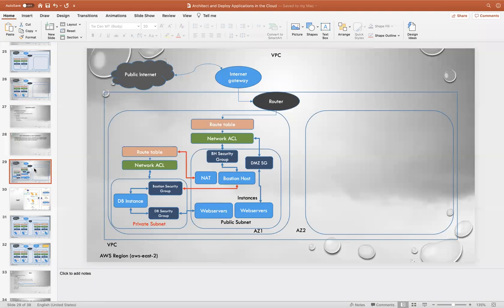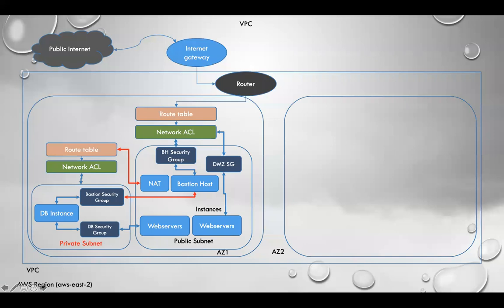I have given the route exactly how it goes. So now, if you see what we created, this is the Bastion host we have created, right? From the DB instance, I am creating a DB Bastion security group attached to it. So my DB instances reach the Bastion security group.